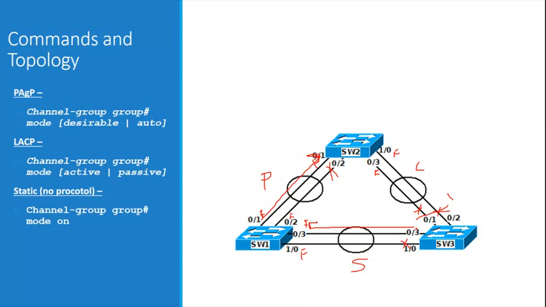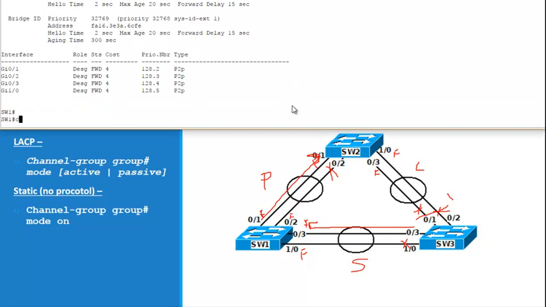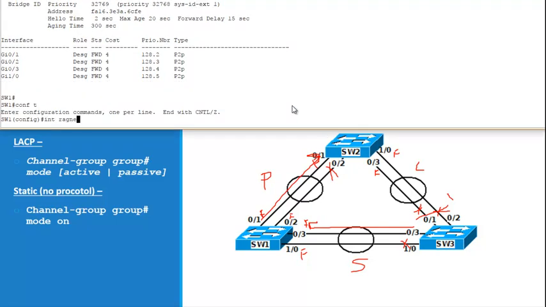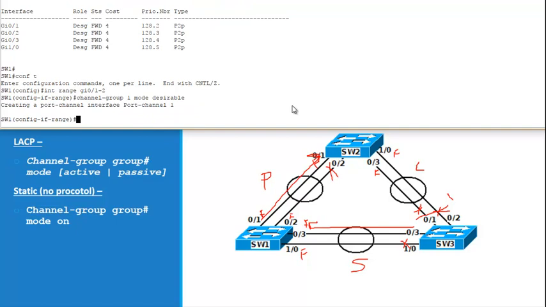Now let's go ahead and configure our ether channels and see how spanning tree behaves. All right. Int range Gi 0/1 to 2. Our channel group command, right? We'll make this group number 1. Mode desirable. I'll make both sides desirable. That will form a trunk.